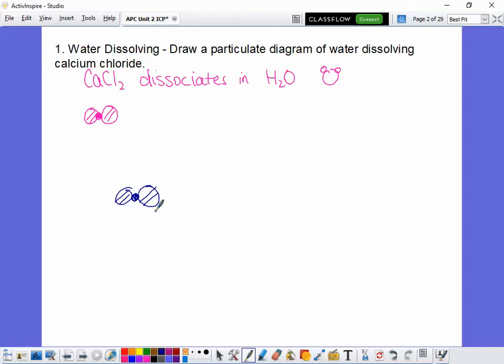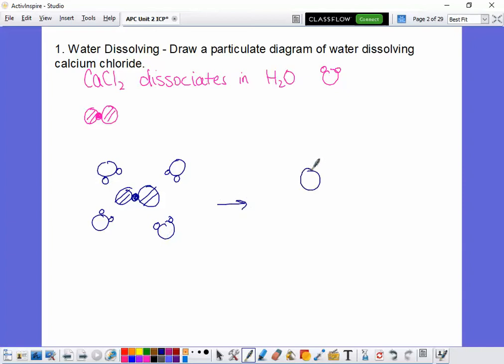So first off, here's my solid calcium chloride. I add water to it, and the hydrogens are going to attract to those chlorides. And if that attraction is strong enough, it will pull apart the ions in calcium chloride, dissociating it. So then this would become this.